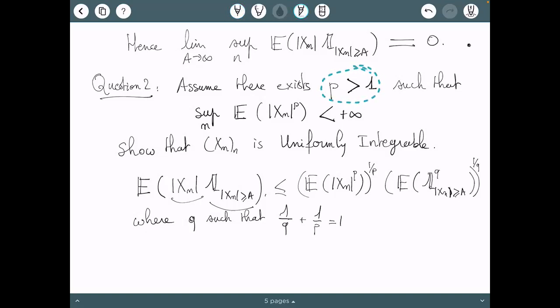This is what I claim is false if p is not strictly bigger than 1. If p was equal to 1 here, it would mean that q is infinite. But since p is strictly bigger than 1, q is not infinite. What is important is that q is not infinite.